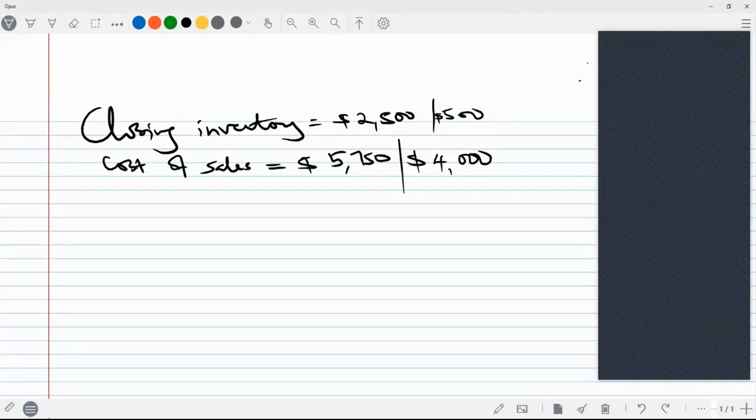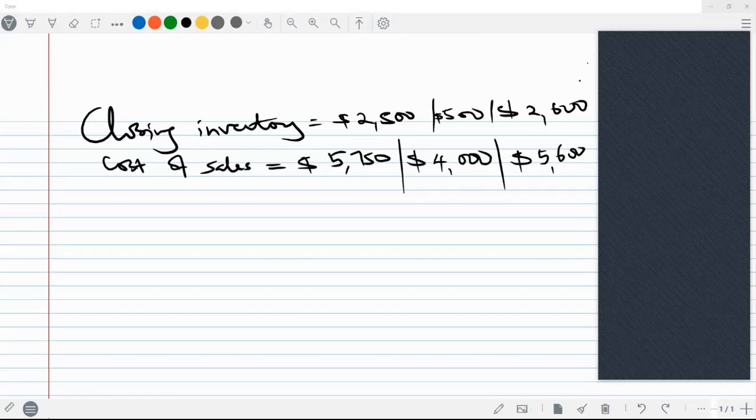I'm kind of stuck. I'm just working on it. Okay. Whitney, what do you have? 2,600 for closing inventory. Cost of sale? 5,600. Okay, let's attempt to do it together.